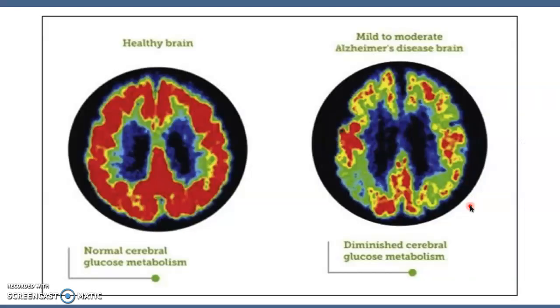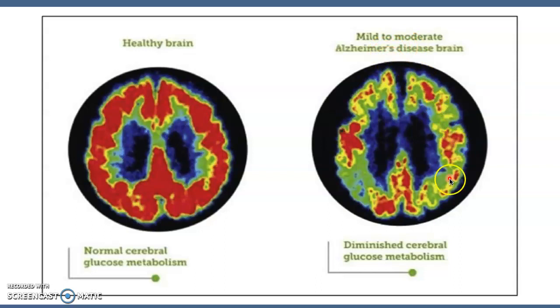Another hallmark of Alzheimer's disease is impaired glucose metabolism. Our brain requires a lot of energy in the form of ATP. Most of that energy comes from glucose, and if glucose is impaired, some people have even coined this as type 3 diabetes, where you have insulin resistance inside the brain. So here would represent a brain of a person with mild to moderate Alzheimer's disease, where you want to see a lot of red.